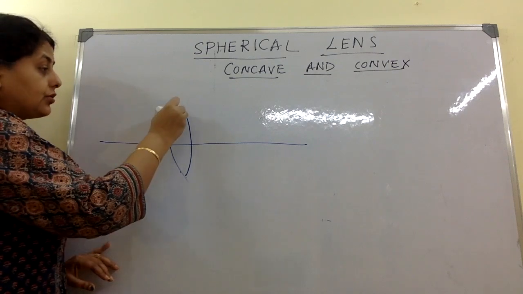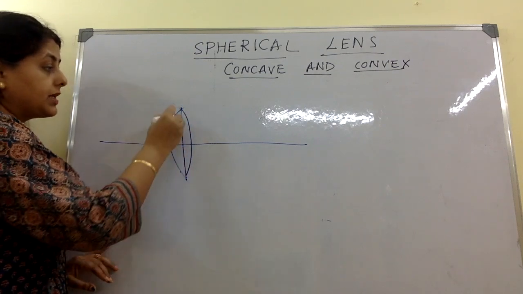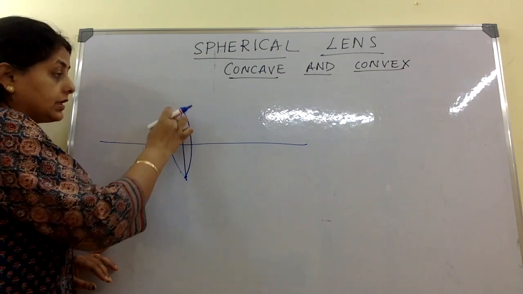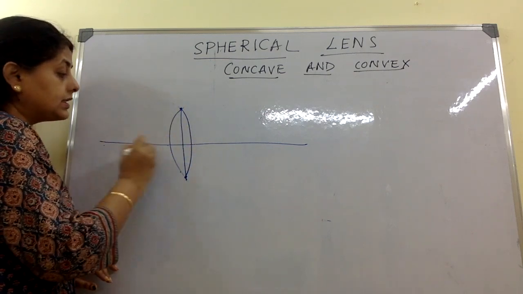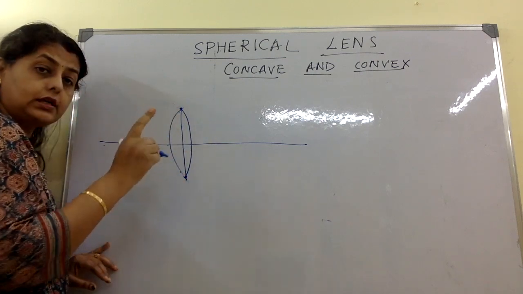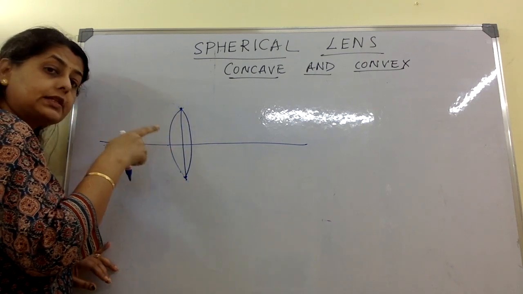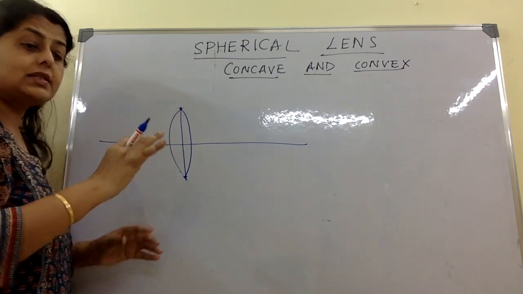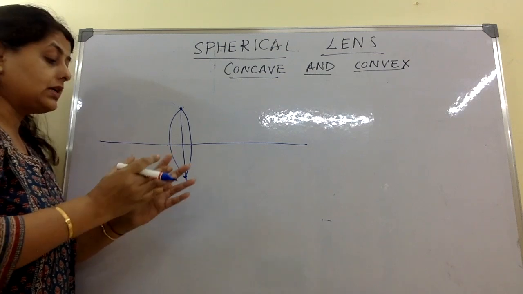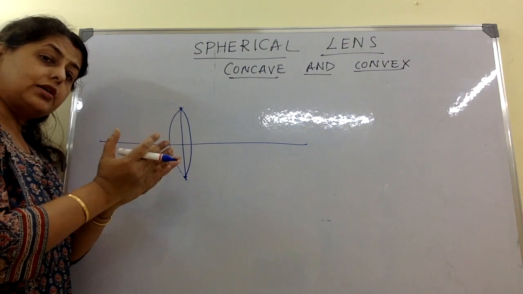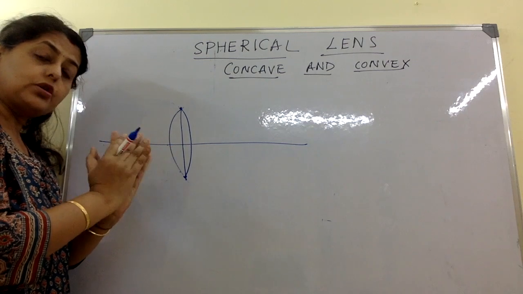There is a line, this is the axis, vertical axis, and this one, the line which passes through the center of the lens. Okay, this line passes through the center of the lens, because the lens is, like what you've seen in a magnifying glass, it's like a disc. It's like a disc which is convex on both sides.